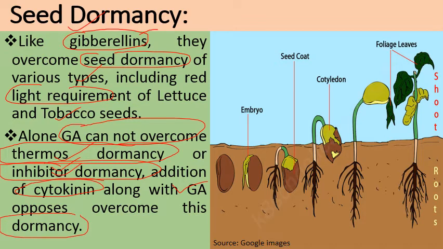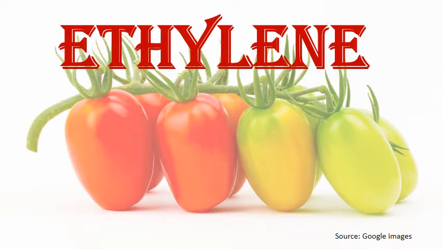When both cytokinin and GA are present, they can initiate the process of seed germination. So they help in prevention of seed dormancy. This picture shows seed germination, and this type of germination, when the cotyledon comes out of the soil, is known as epigeal germination. So this is all about cytokinins.